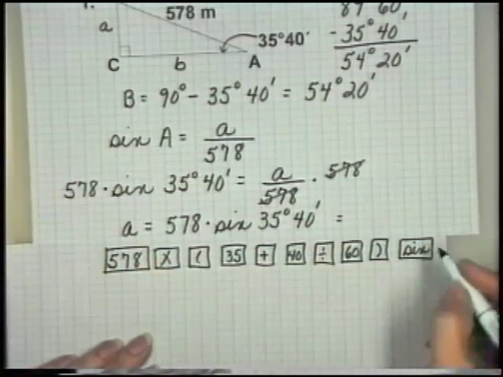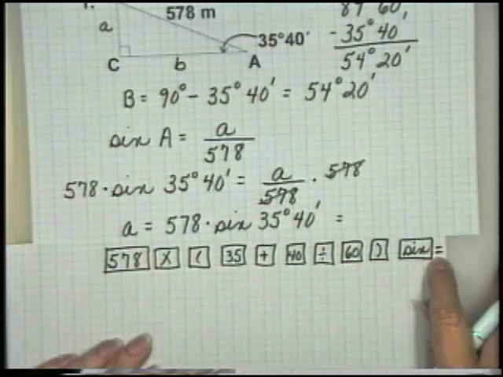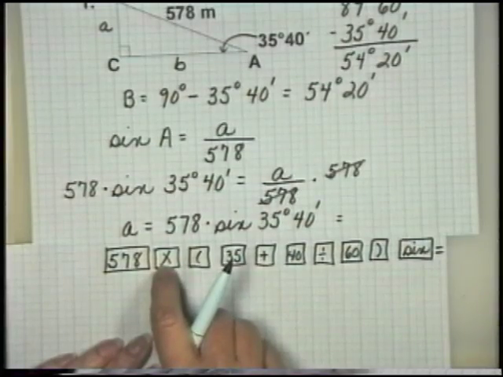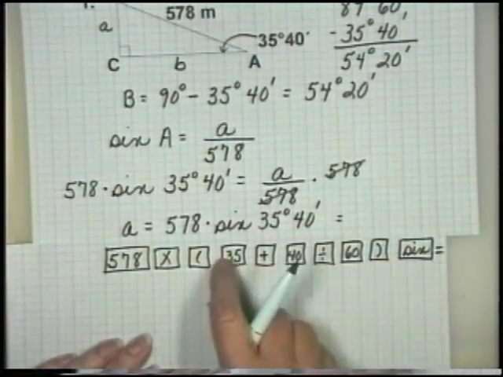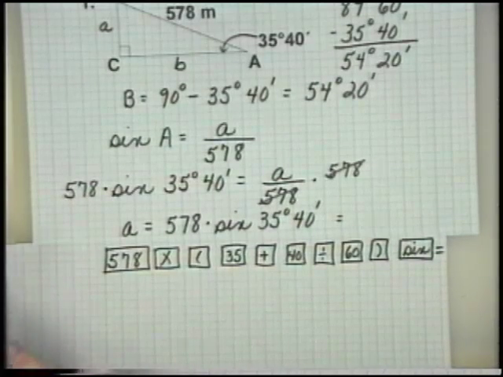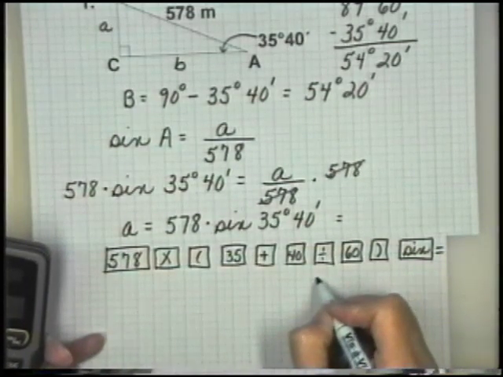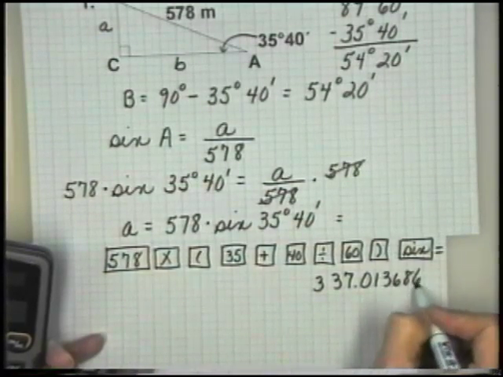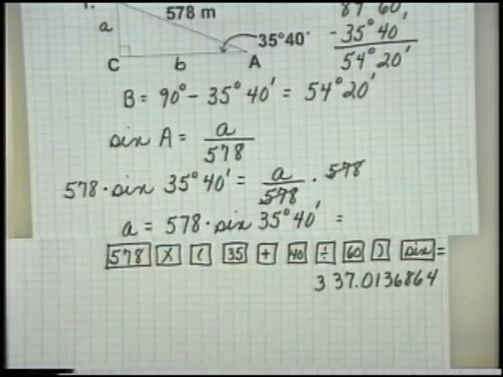And then we'll push our sine button, and then at the end, I don't have much space, but hopefully you can see, push your equals button, and you have to push that equals button to get it to do your multiplication. If you don't push your equals, you'll just have the sine of this angle. So calculate that. And we get this number, 337.01366864 is what my calculator says.